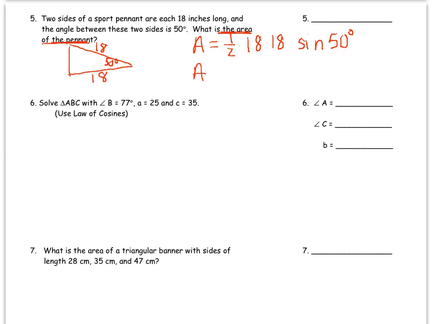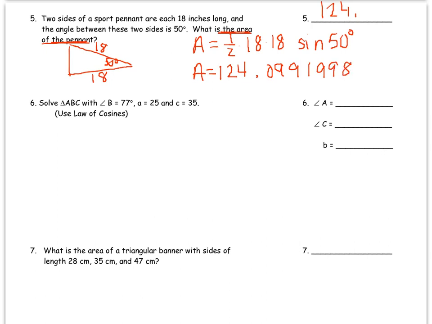So my area, if you just put that into your calculator, you'll get 124 point, let me just double check, 0.5 times 18 times, I want to make sure I give you the right one, times the sine of 50, and you will get 124 point, and if you round this to one decimal, I'm going to write down what my calculator says right here, so we can talk about our rounding.